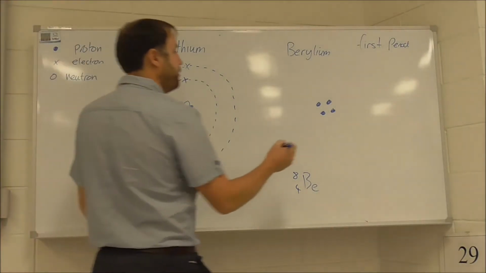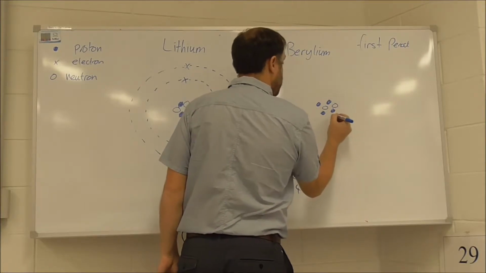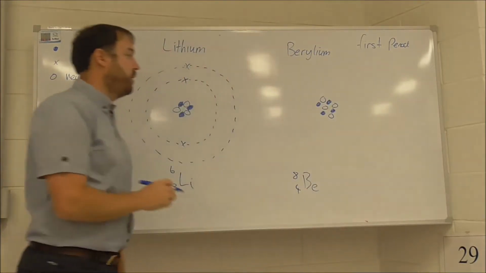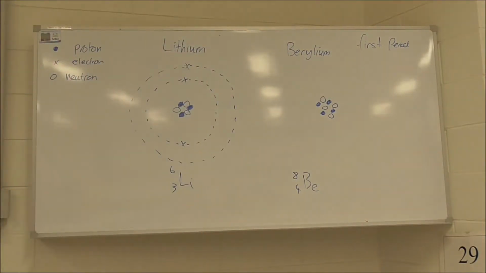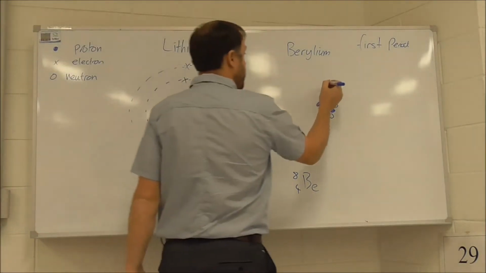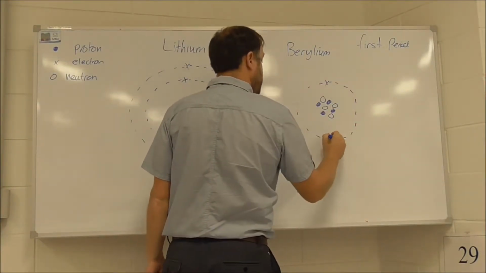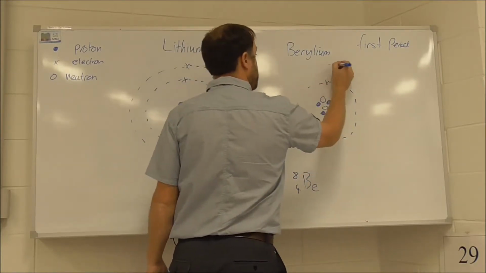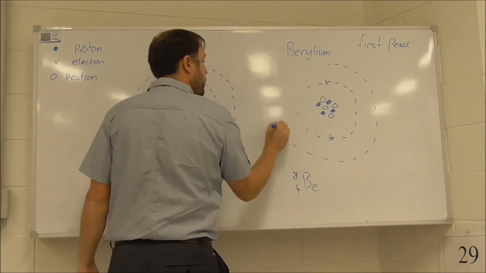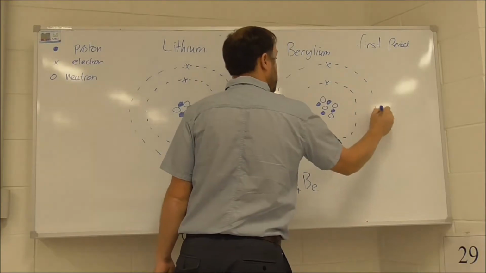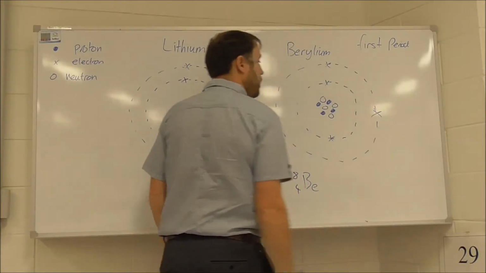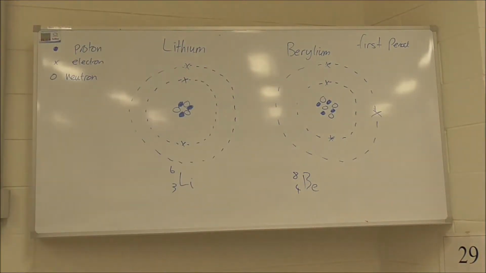So I'm just going to draw 4 neutrons there. And for a neutral atom, how many electrons would we have? 4. So how many in the first shell? We can only hold 2. And so therefore the remaining 2 are in the second shell.